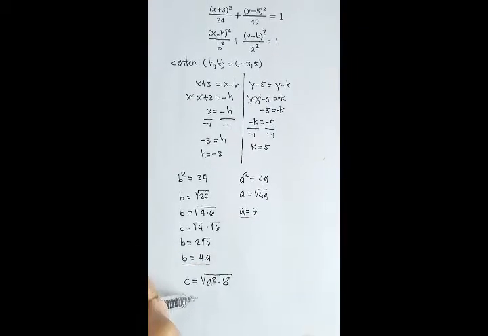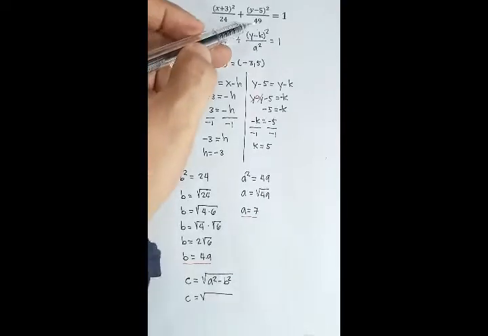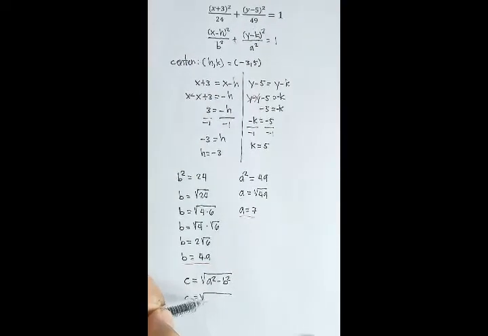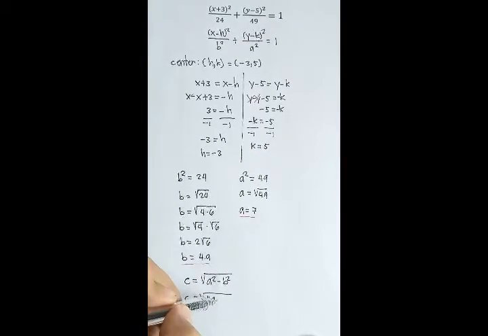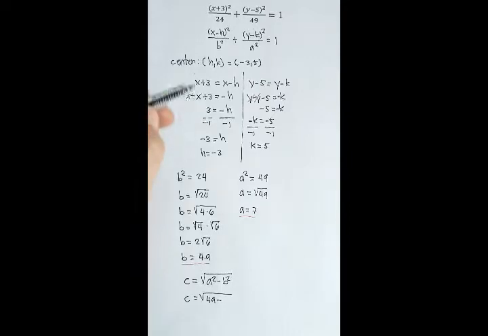So, c is equal to the square root of a squared, which is 49, minus b squared.